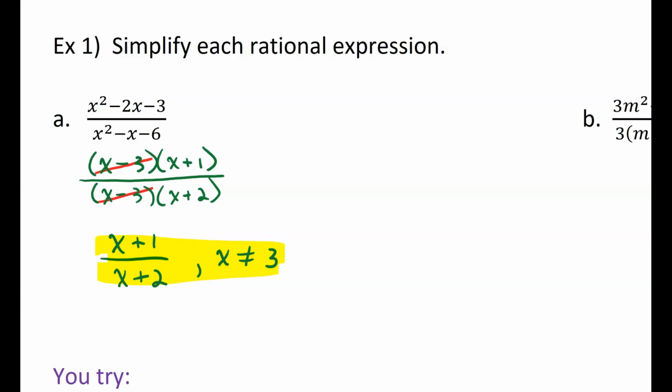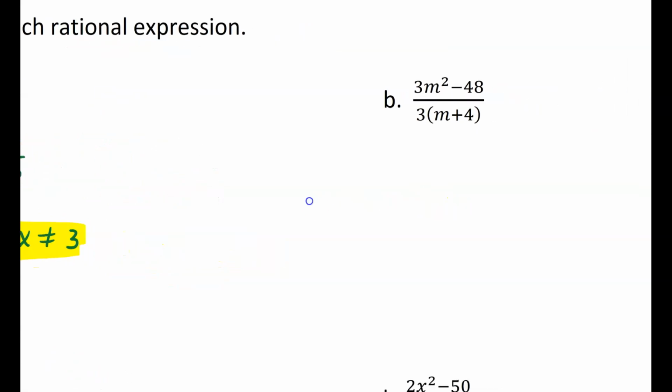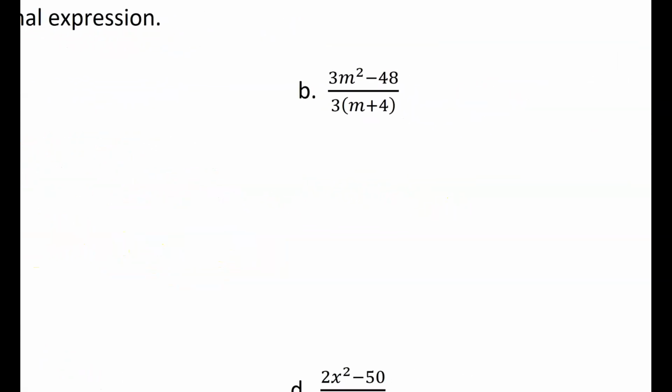Okay. Let's look at our next one. I've got 3m squared minus 48 all over 3 times m plus 4. All right, so I look at my numerator, and what do we notice we can factor out?